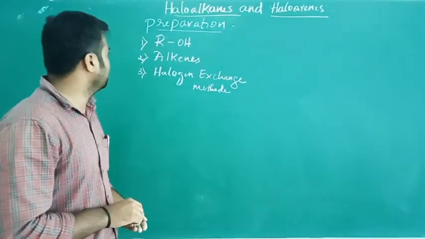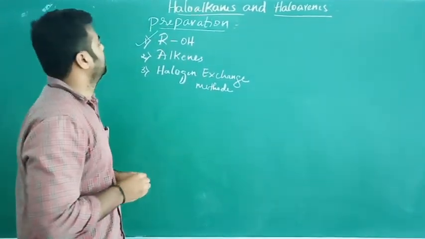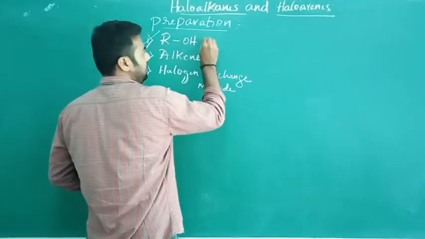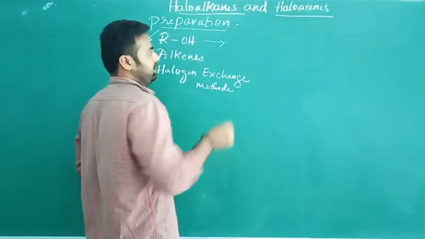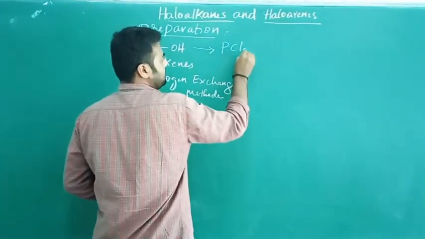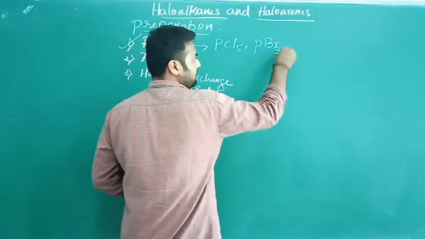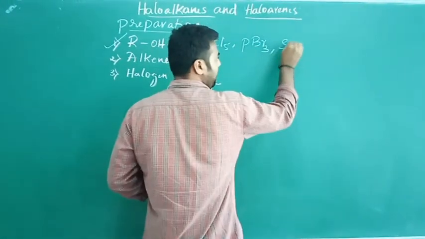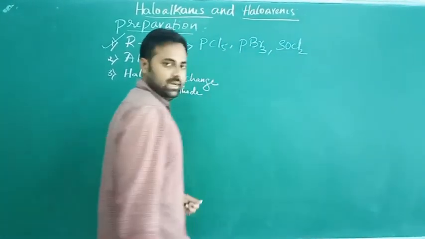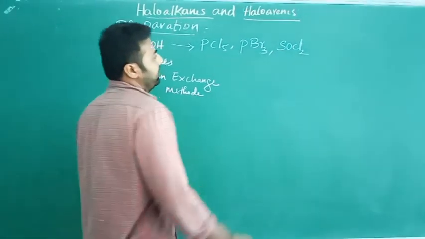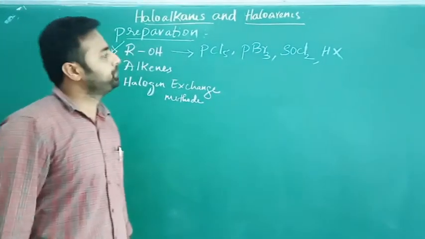Let's start with the first one, that is from alcohol. When these alcohols are treated with, or react with, some reagents such as phosphorus pentachloride, phosphorus tribromide, and thionyl chloride, SOCl2, and lastly haloacids.